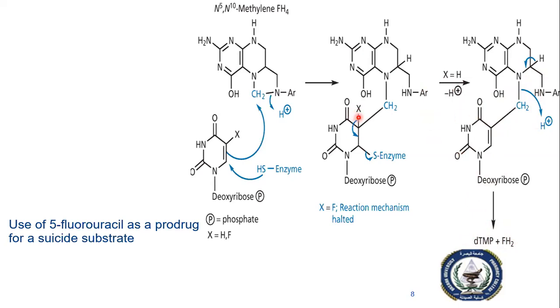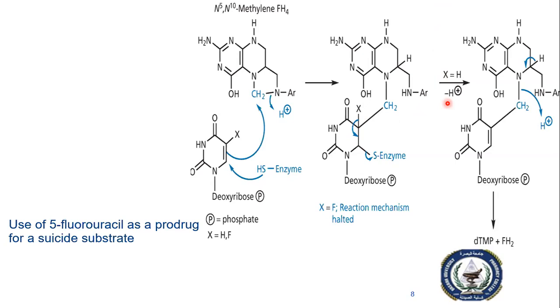But if we have a fluorine atom here at position number 5, the reaction will stop at this step. Why? Because it is impossible to lose F+. It's impossible to lose fluorine with a positive charge, because fluorine is highly electronegative and it will always tend to be lost as F-. It's not like hydrogen. Hydrogen is easily lost as a proton, as H+.